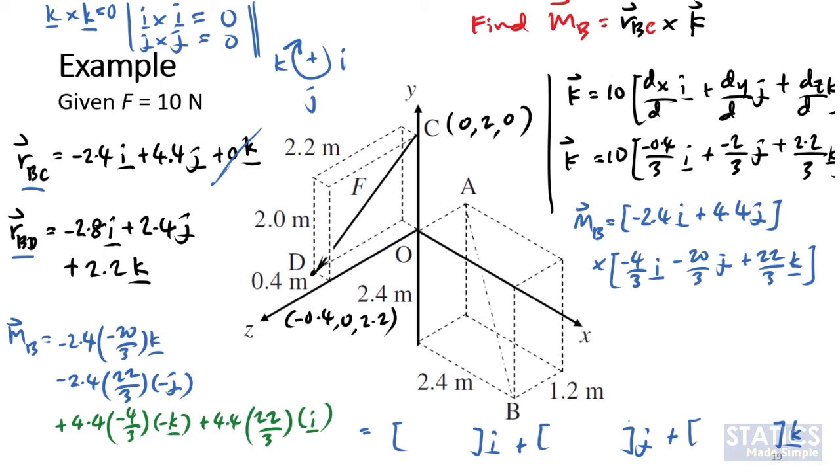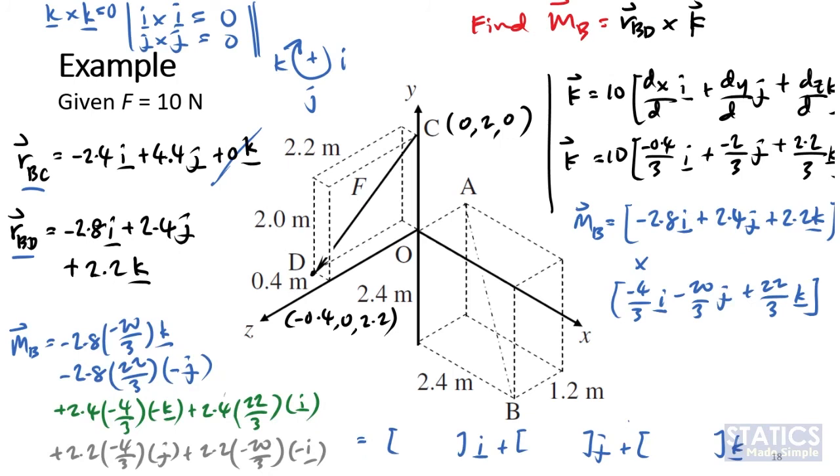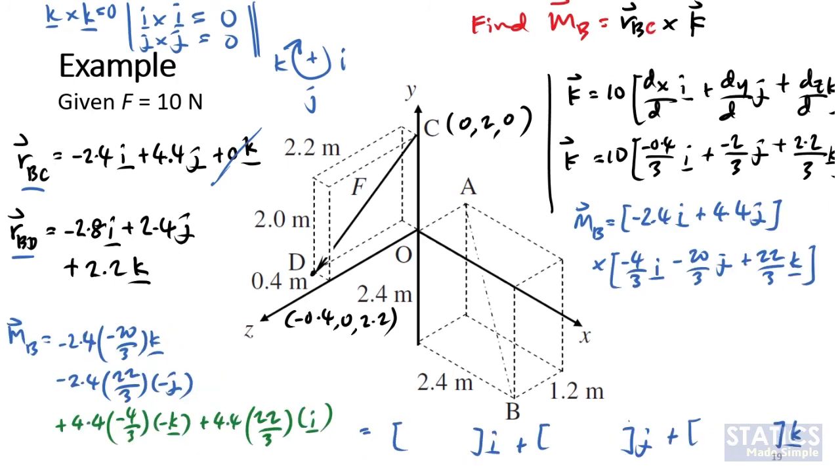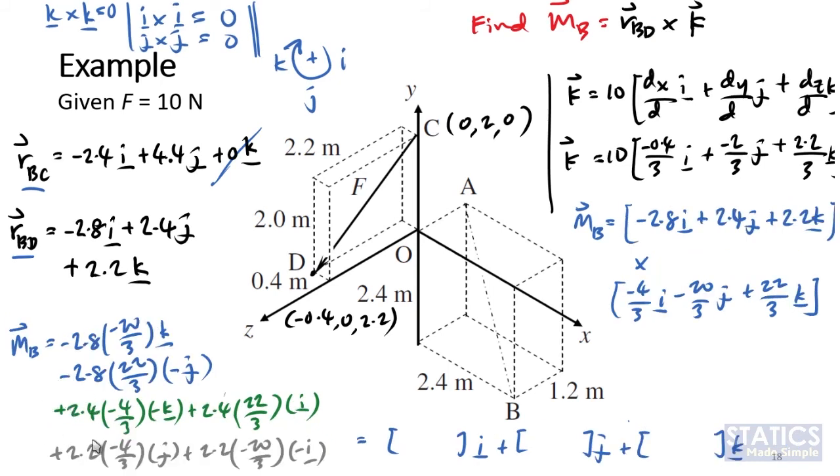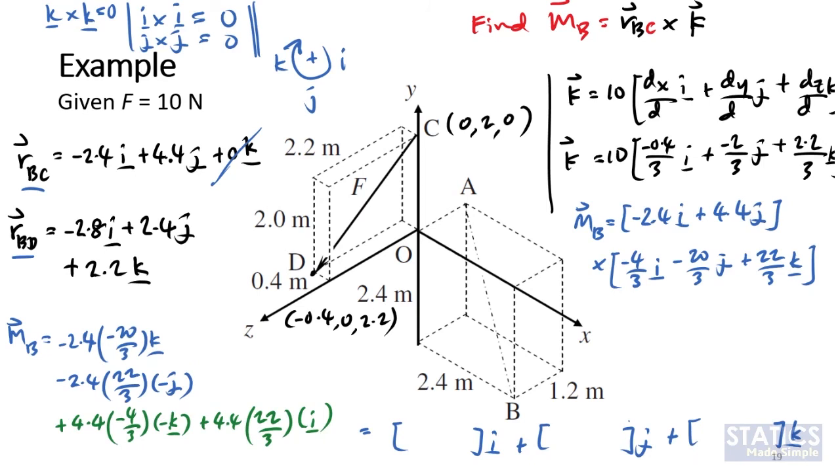Now, if we consider the amount of calculation needed to solve for MB by using RBD compared to RBC, you are seeing here that you have an additional step, right? The additional step means additional work. It also means an additional source of error. So this one is much simpler and much faster to solve.